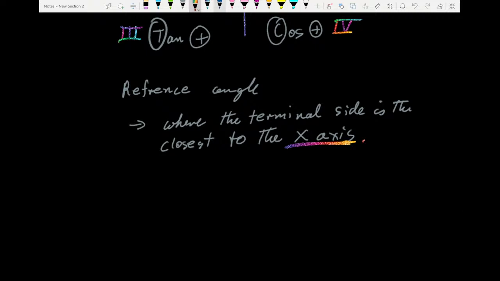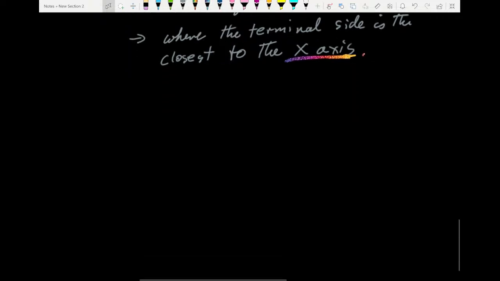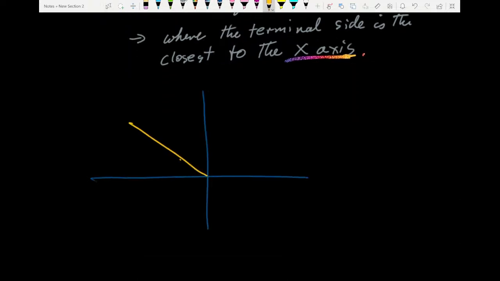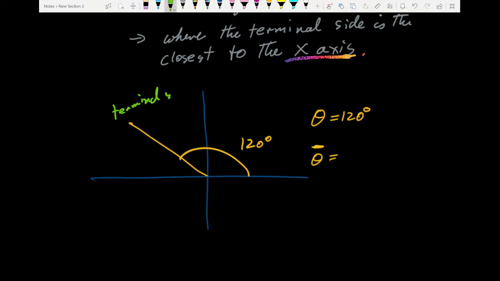So for example, let's go to that 120 degrees. That's the original angle, 120 degrees. And I use this bar symbol to refer to the reference angle. So what's the reference angle for 120 degrees? We've got to ask ourselves, here's the terminal side.